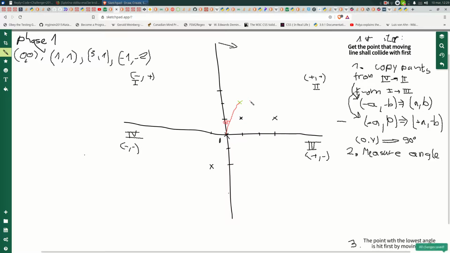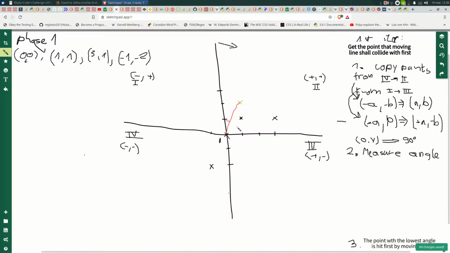And how do we measure that angle alpha? Well, we know the length of this line. We know the length of this line, and this line constructs a triangle. We also know the length of this line.